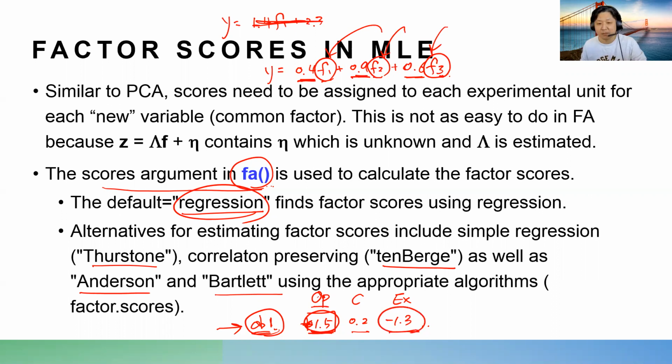And negative 1.3 means his latent trait of extroversion is low. The expected value of F is 0, which means the mean of a factor score is 0. So you can interpret the factor score as a Z score.